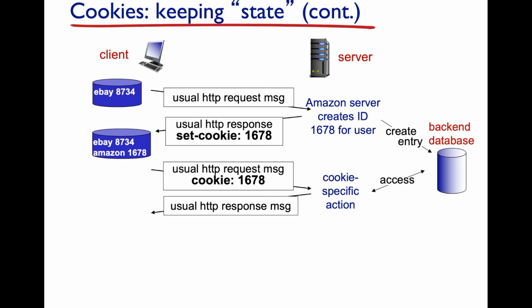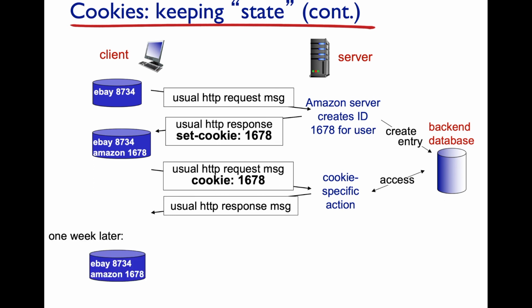So then you send a GET request to the Amazon server, and it says, oh, wait a minute. That's user number 1678. I've seen that person before. So let me pull up the database record information for that user, and then I give you a response that seems like it's customized, which it is, to you.